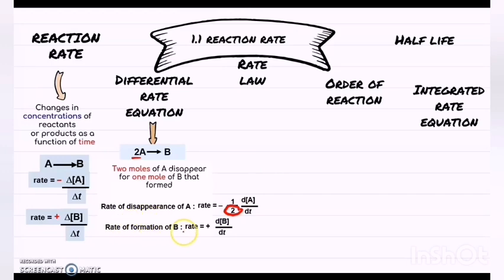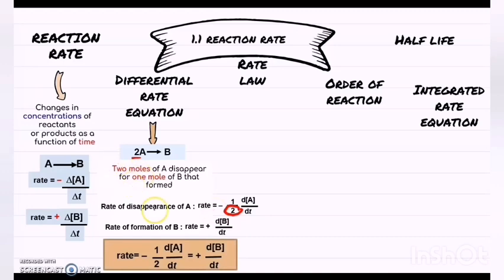Next, the rate of formation of B. Rate equal to positive d[B] over dt. The coefficient for B here is 1, so there is no number to be written because the coefficient is 1.